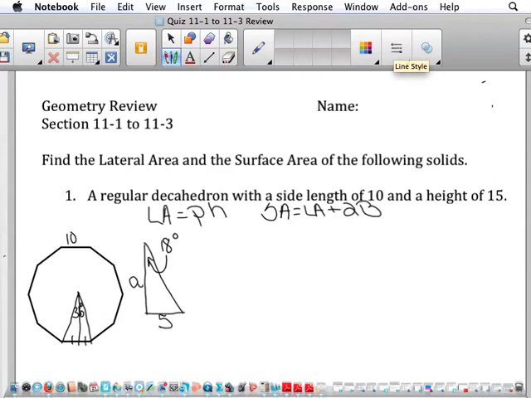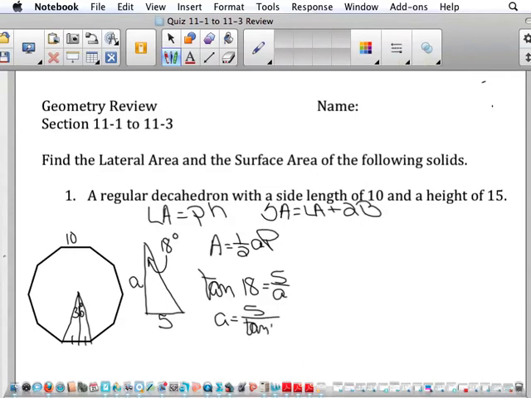In case you've forgotten, the area of a regular polygon is 1/2 the apothem times the perimeter. So I need the length of the apothem. I'm going to use tangent of 18 equals 5 over a, so a is equal to 5 divided by tangent of 18, and so a would be 15.40. So that's my apothem.